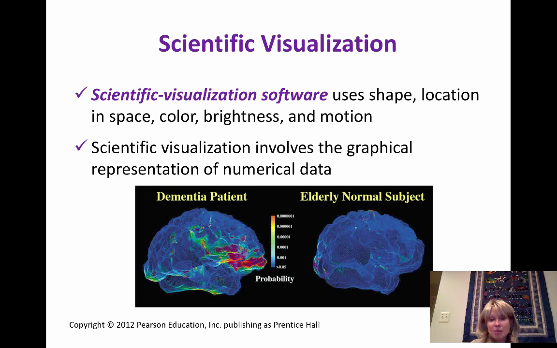This is a perfect example, somebody with dementia, where you start to see that the brain is starting to change, and this is very important. You're going to see more of this, and this is used. MRI is the perfect example, where they're able to spatially put it around a three-dimensional image of the body to see how it might interface with other types of organs.